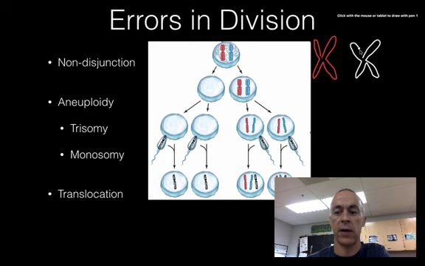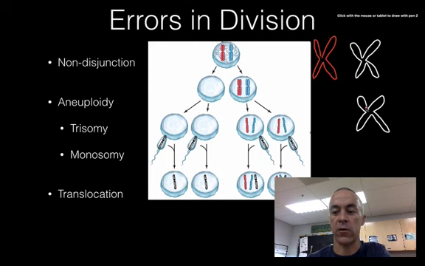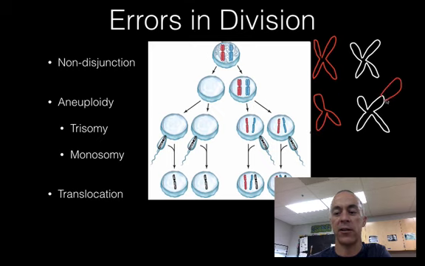And basically what happens with translocation is, let's say this chromosome remained intact, but then our other one over here is now missing this whole arm, and that piece attached itself onto this chromosome. So pieces of chromosomes during this process can actually break off and reattach to another chromosome.